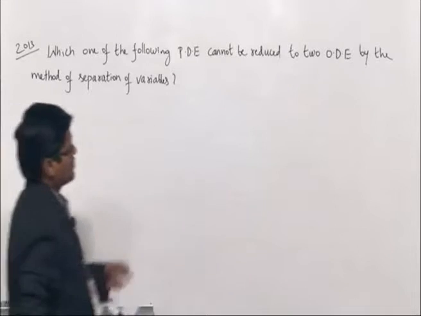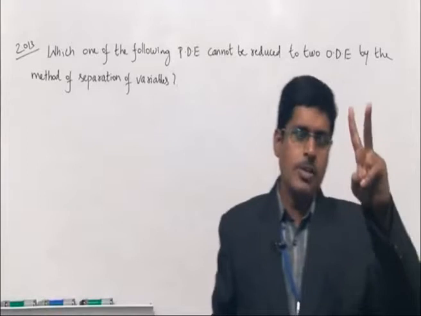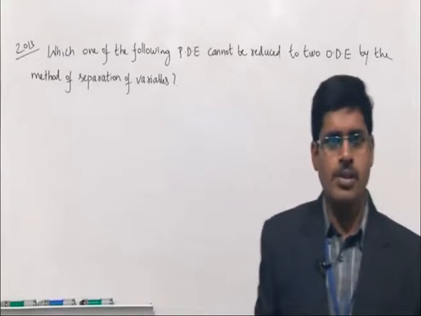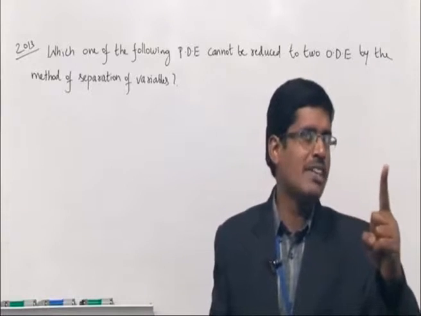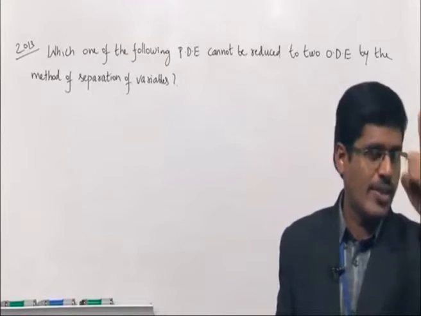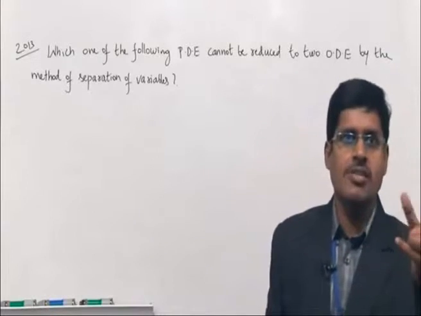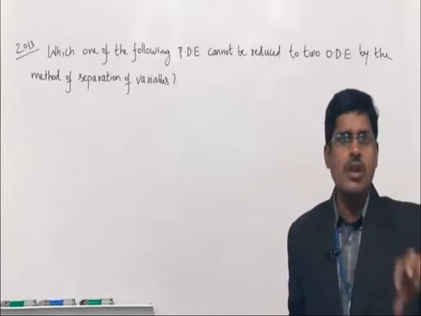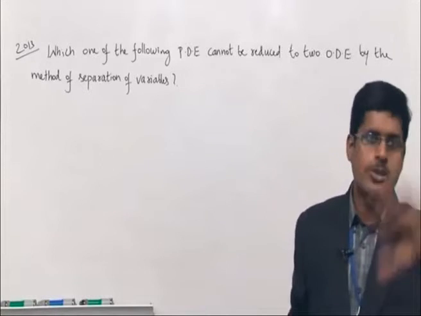So let me explain. So far we have done one example by the method of separation of variables. Independent variables x and y, z is the dependent variable. That I brought into two differential equations: the x differential equation alone, equation 3, and y dash by y, that is the y differential equation alone. So that is called two ordinary differential equations. According to the options, which is not reduced to the previous example, two ODEs.